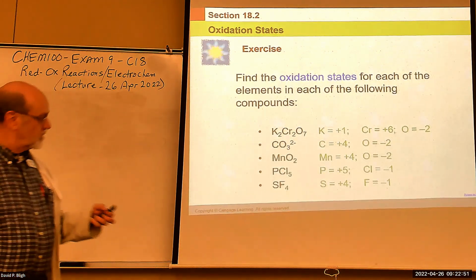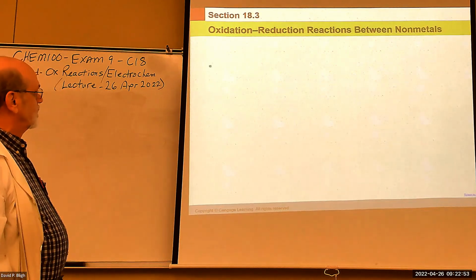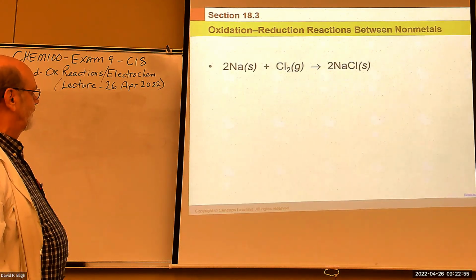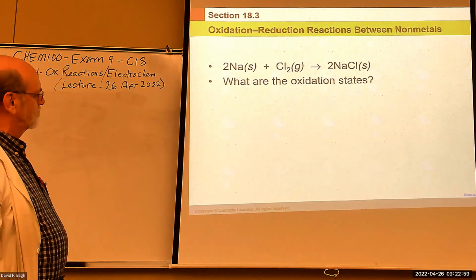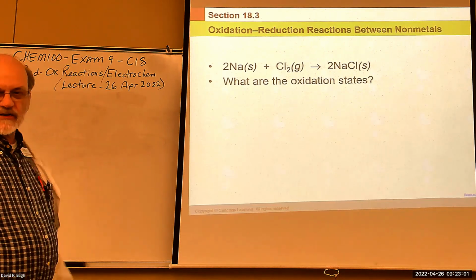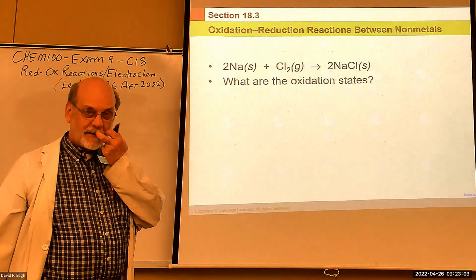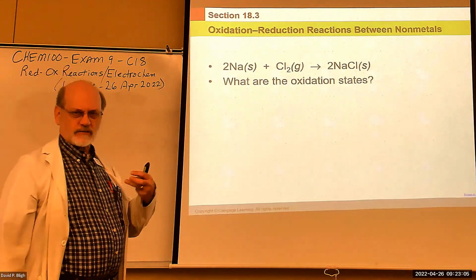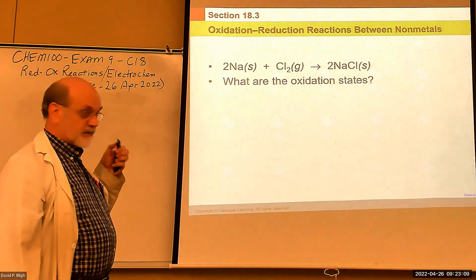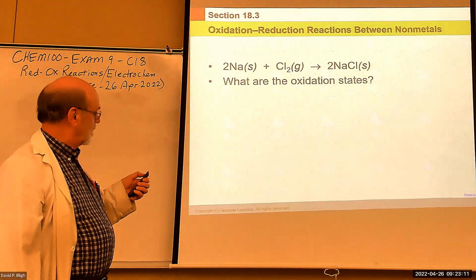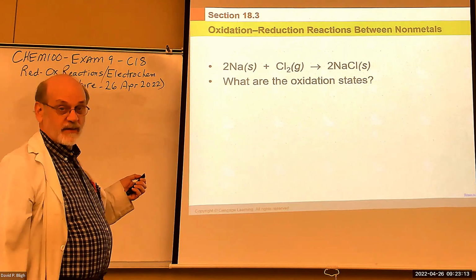All right. What's next? Okay, we've seen that reaction before, haven't we? What are the oxidation states on each one of these? Well, we saw the original slide. The oxidation state for this one, that's an element, right?